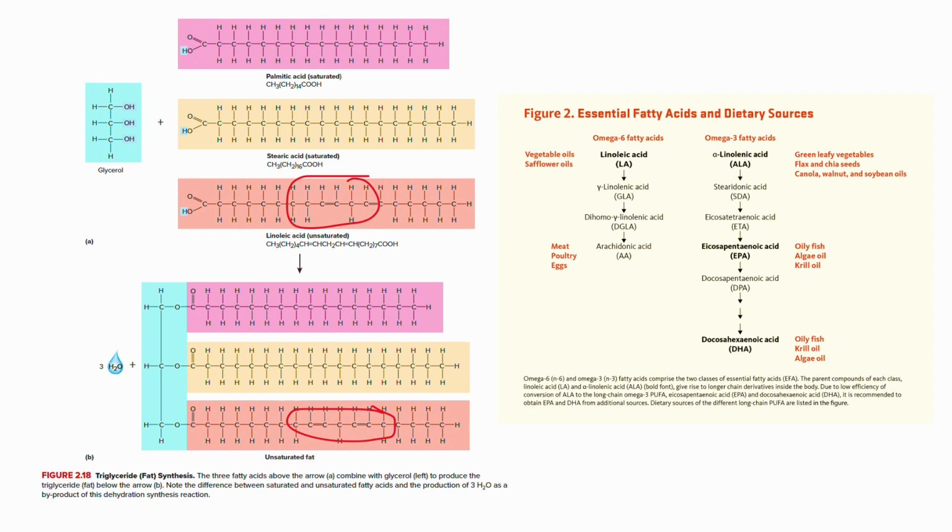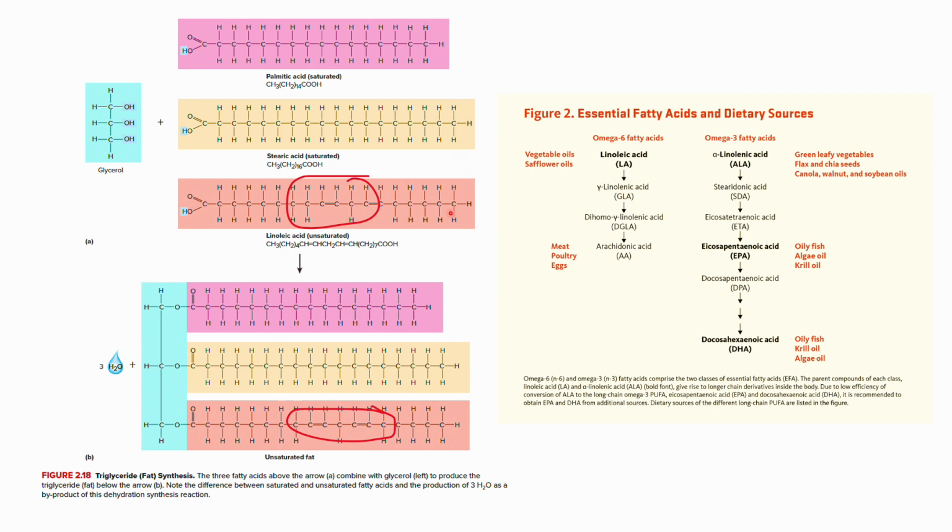So here we see an example of another type of lipid. We see an example of a triglyceride. A triglyceride is made up of a glycerol and 3 fatty acids. Yes, 3 fatty acids. So remember, fatty acid, it has a carboxyl group here, and a methyl at the opposite end.